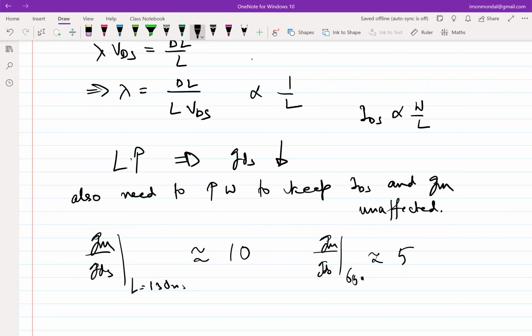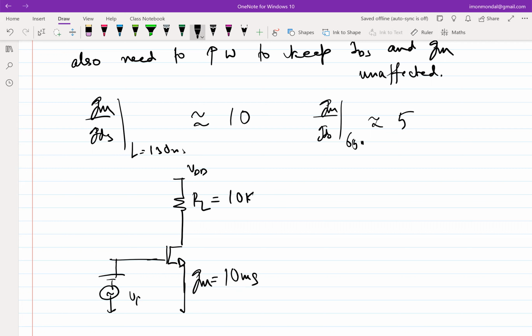So let's assume that I have designed a circuit, a common source amplifier. Let's say you have hooked up a circuit, biased it with a certain current, and you know that GM is 10 millisiemens, and your RL is 10K.